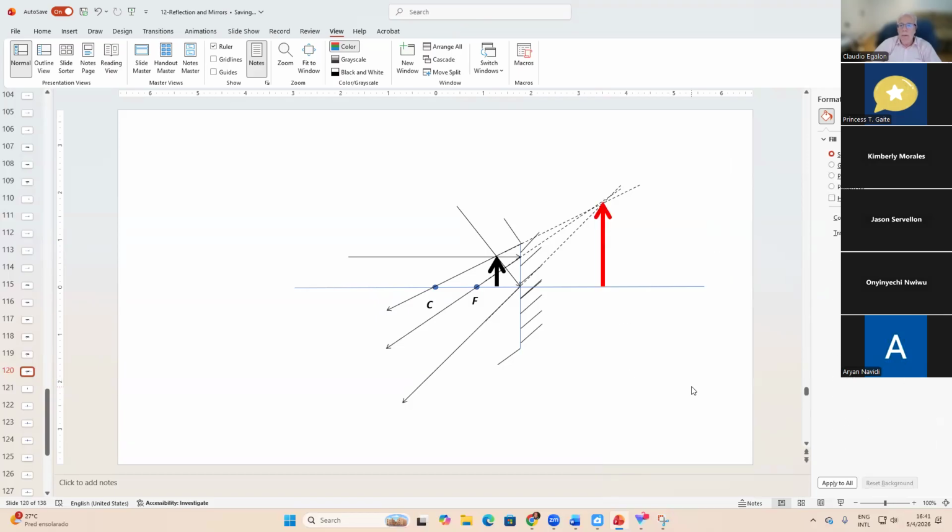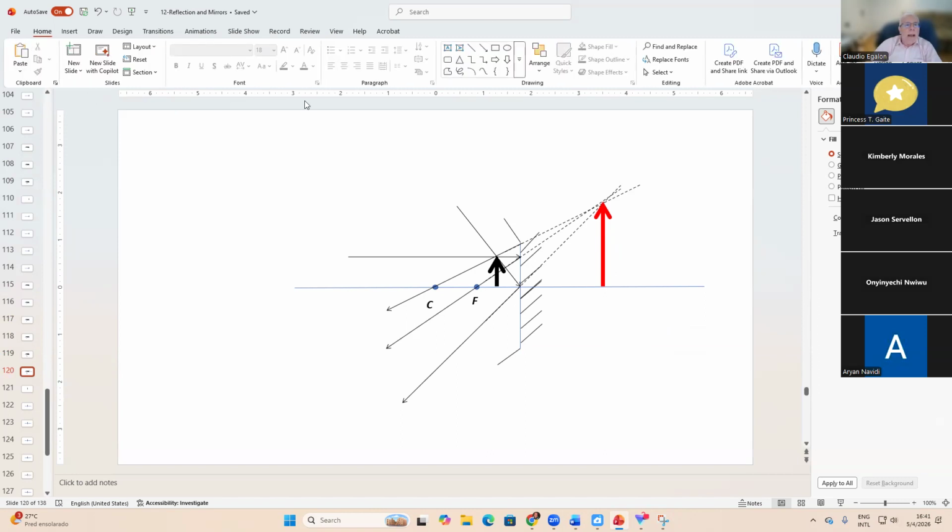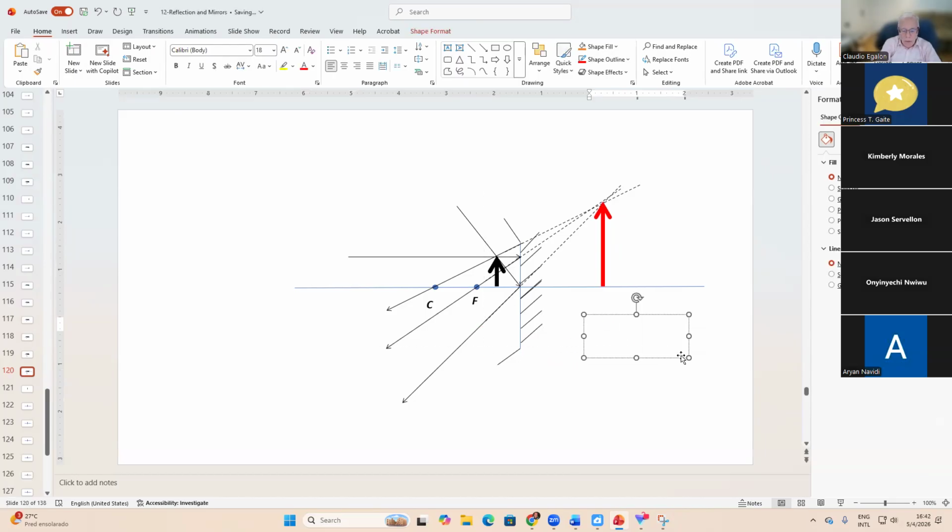This one right here. Because the image is formed behind the mirror, we call that a virtual image. 9 more minutes to go. Virtual image.